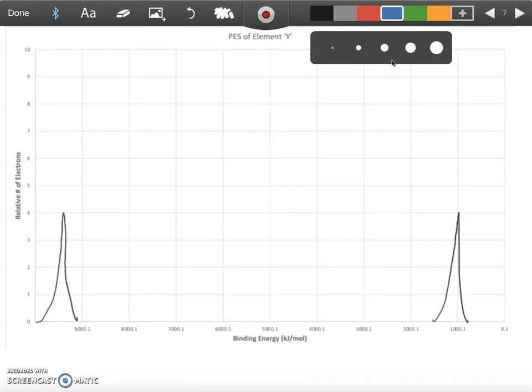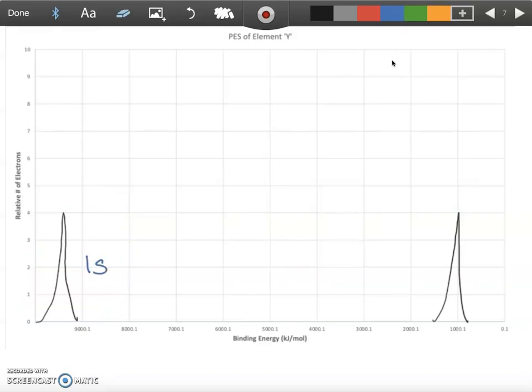Let's take a look at this first peak here. We know that the first peak on any spectrograph is going to be the 1s orbital. And right now it's showing a relative intensity, or a relative number of electrons, as 4. But that doesn't make any sense, because the s orbital can only hold a maximum of 2.